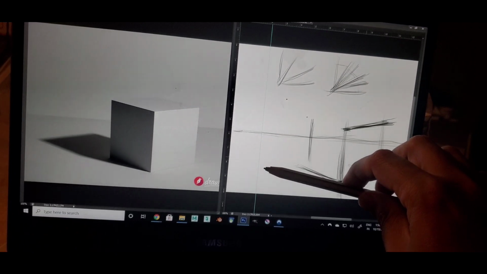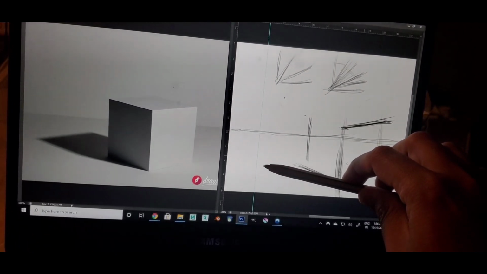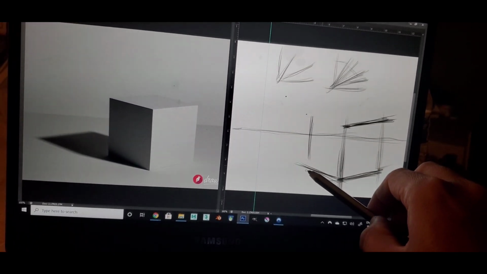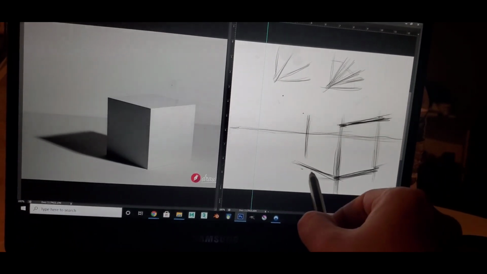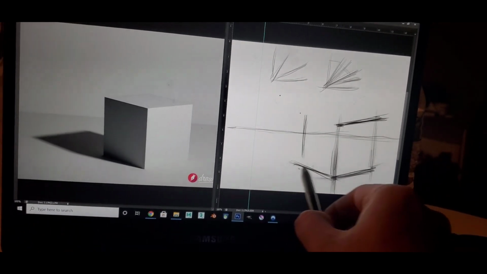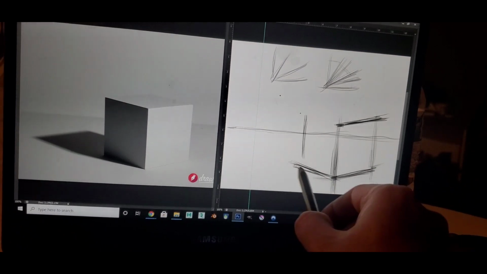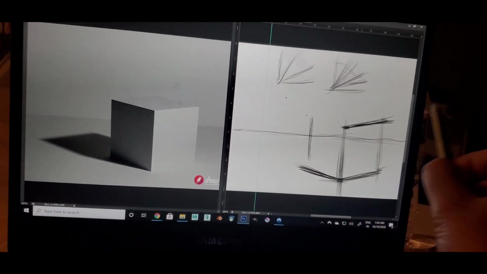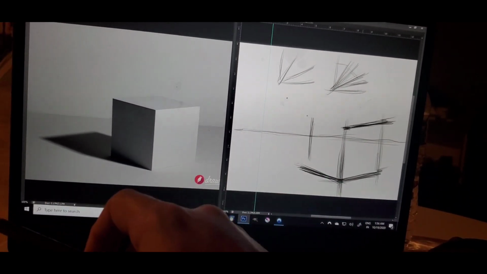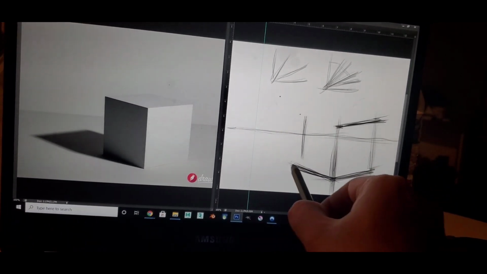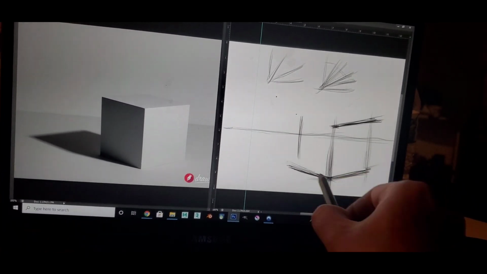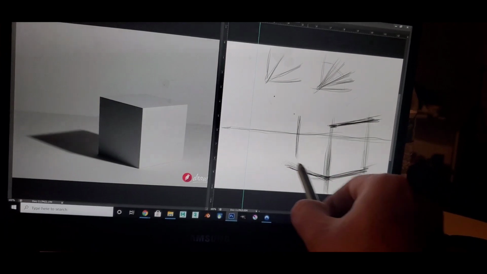Okay. Yeah, see. So I have to push this a little over here. This is a better angle. Okay, and get rid of the rough earlier line.